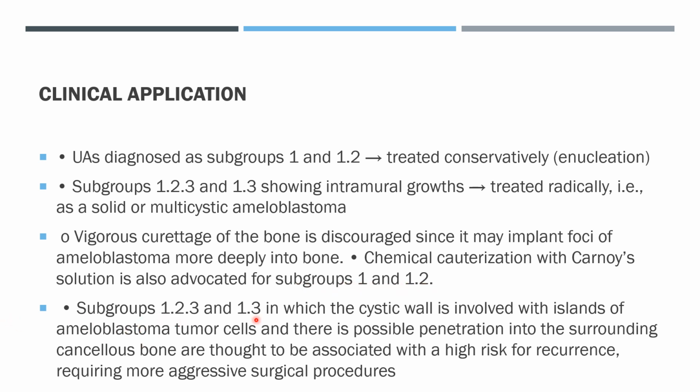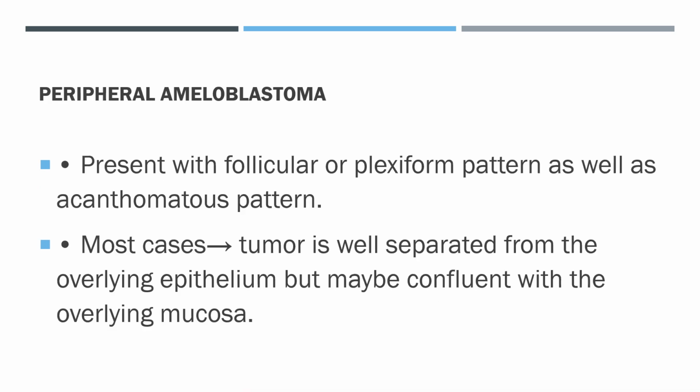Subgroups 1,2,3 and 1,3, in which the cystic wall is involved with islands of ameloblastoma tumor cells and there is possible penetration into the surrounding cancellous bone, are thought to be associated with a high risk of recurrence requiring more aggressive surgical procedures.